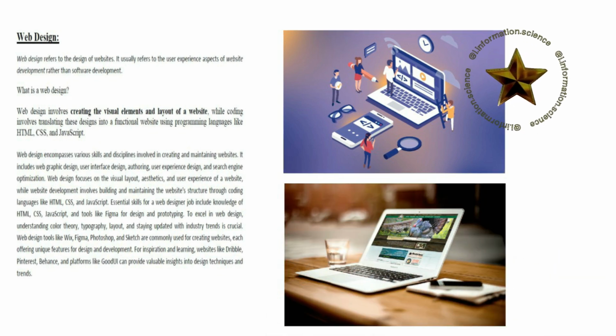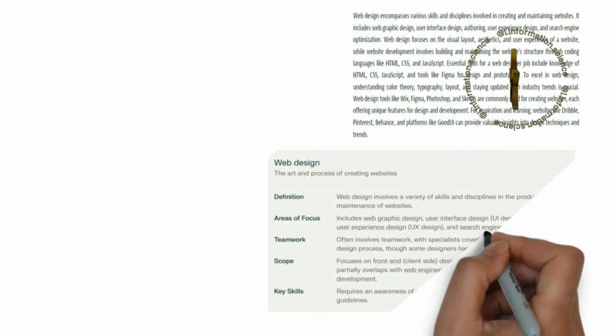Essential skills for a web designer job include knowledge of HTML, CSS, JavaScript, and tools like Figma for design and prototyping. To excel in web design, understanding color theory, typography, layout, and staying updated with industry trends is crucial.